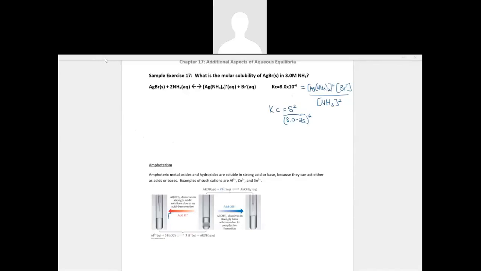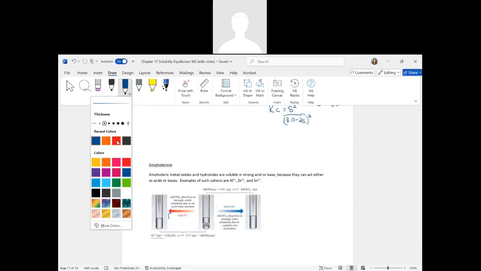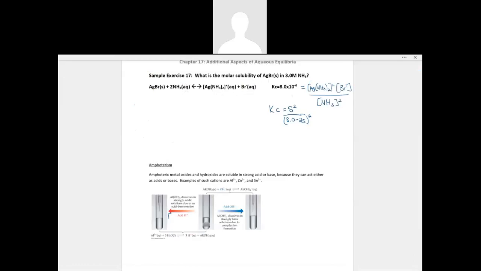In this video from chapter 17, we're now going to take a look at how we can find the molar solubility of silver bromide in a 3 molar solution of ammonia. What we see down below for sample exercise 17 is our two equations combined.